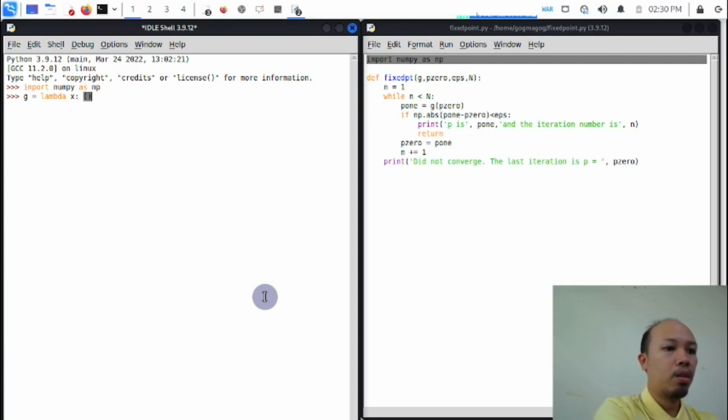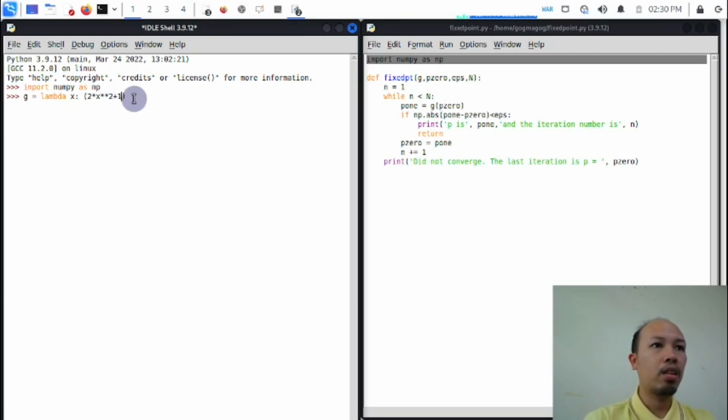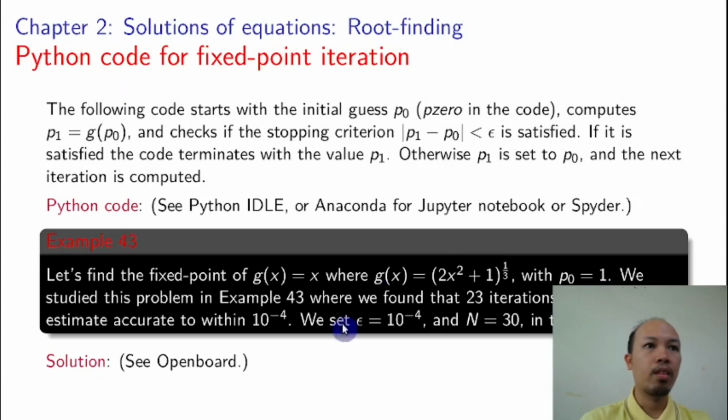In example 43, we have 2 times x squared plus 1, raised to the power of 1/3. So that's our function. Let's recall it here: 2x squared plus 1, and our p sub 0 is equal to 1. Our tolerance is 10 to the negative 4 and n is equal to 30.